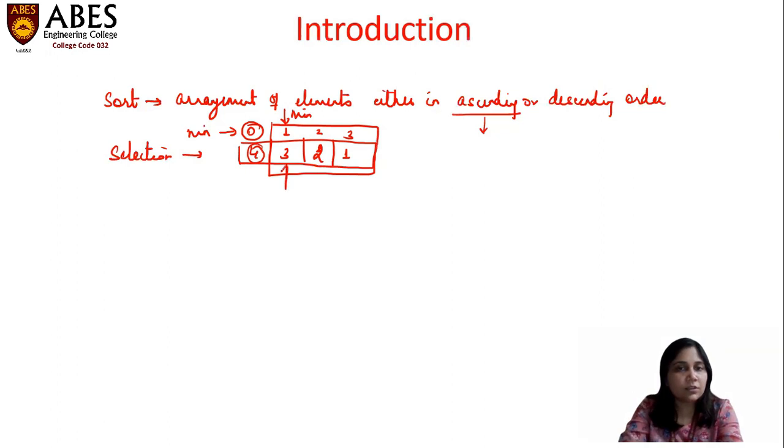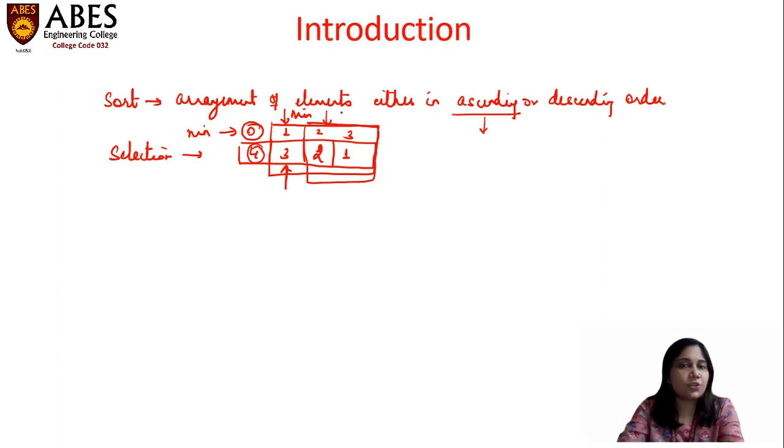So this 3 will become the minimum element. Again I will search the minimum from the 2 and 3 index values. If you get any other value which is less than 3, then you will change the positions and move ahead.